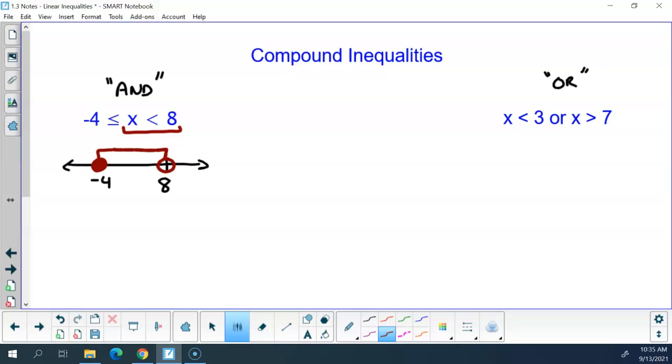To the left. So I would just connect those two lines. So that would be the graph of it. The interval notation for this one would be bracket at -4 and a parenthesis at 8.